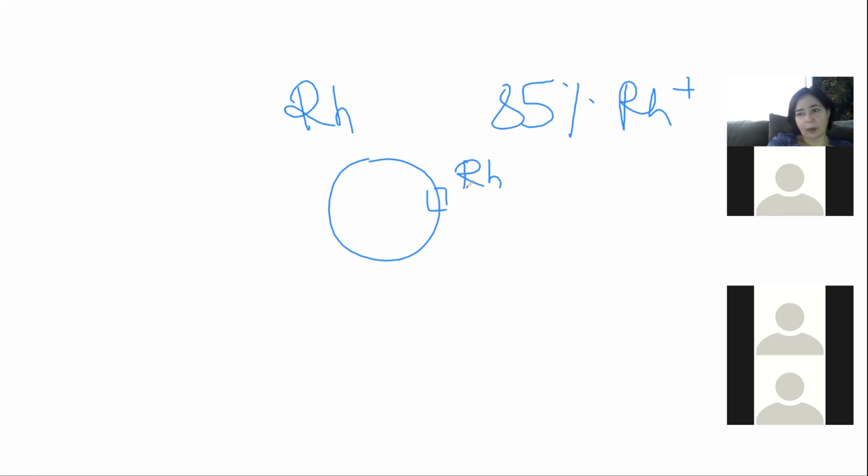So if you are positive, can you get blood from negative? If you're RH positive, can you get blood transfusion from somebody who's negative? You can. Doesn't matter.